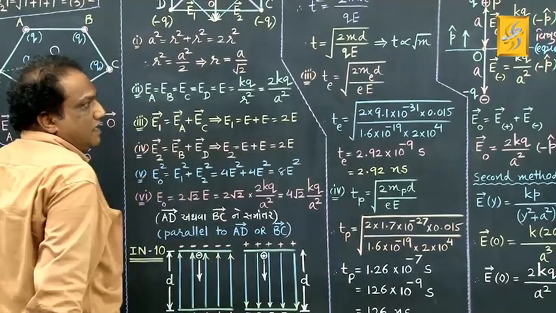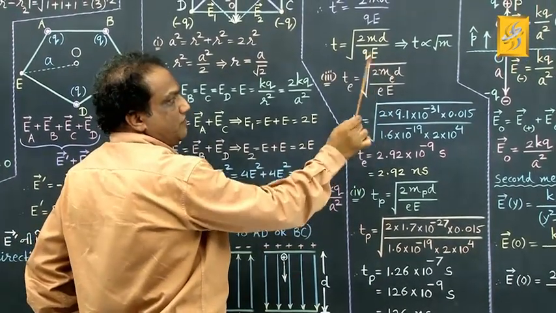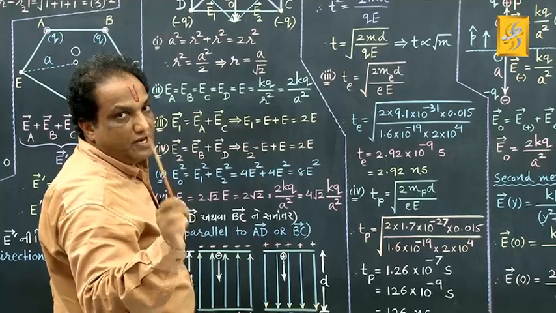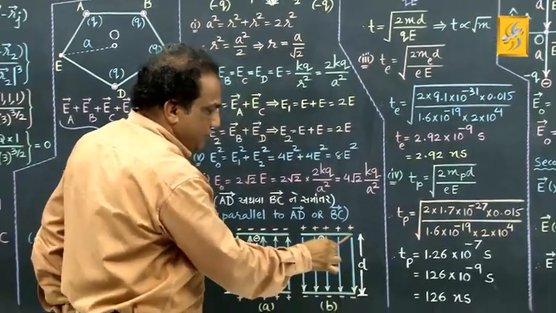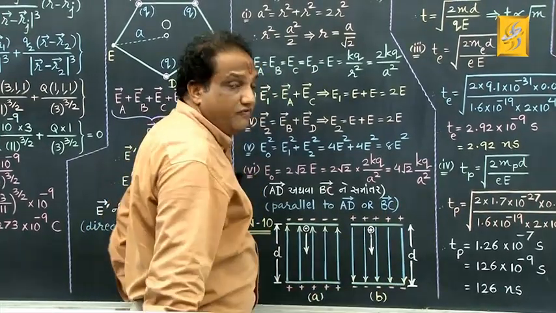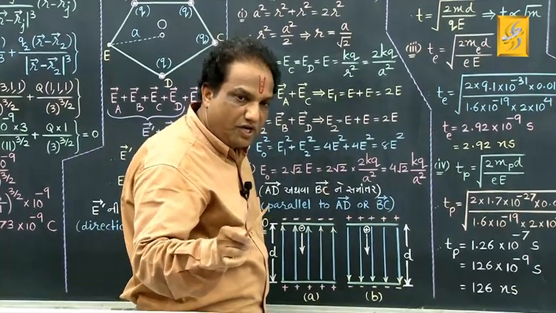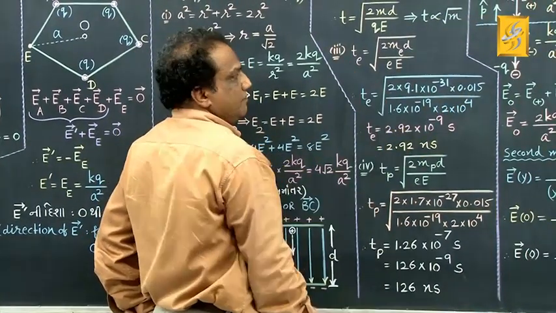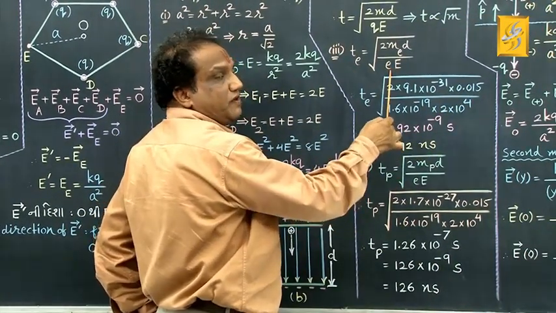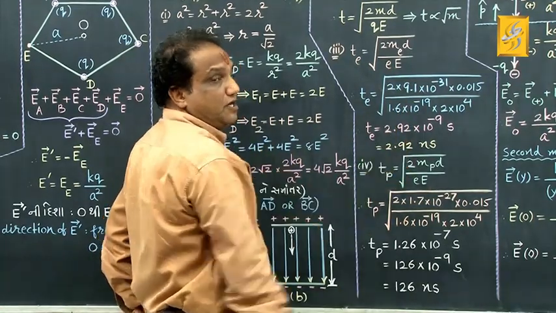Now 2 as it is. What about mass of electron? 9.1 into 10 raised to minus 31 kilogram into D. This separation they have given 1.5 centimeter. Converted into meter, 1.5 divided by 100, that is 0.015 meter, divided by magnitude of charge of electron 1.6 into 10 to minus 19 coulomb.